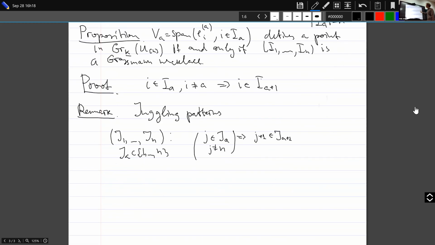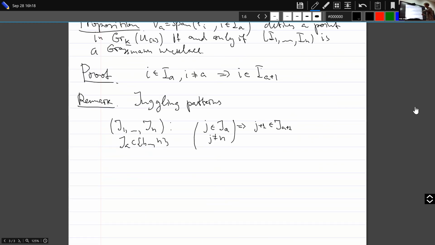Good. So let me go to part 4. Let me put the theorem, the first part of the theorem, saying that XKN admits a cellular decomposition.